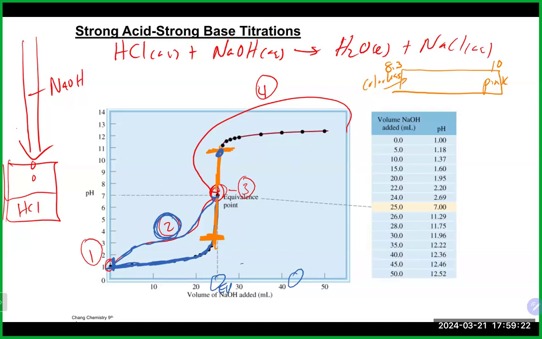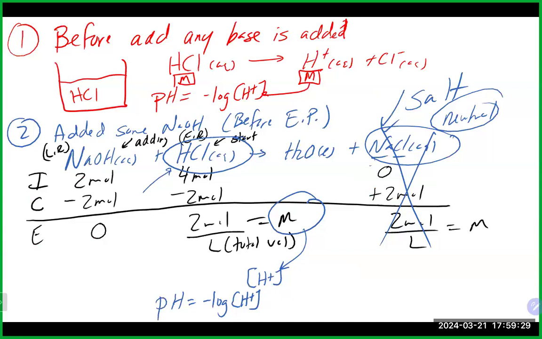All right, but now that takes us to the equivalence point here, and let's talk about what happens when we actually do reach the equivalence point. And when we reach the equivalence point here, which is our third sort of position, we are obviously still adding sodium hydroxide to our HCl, so we will get our reaction that will occur.